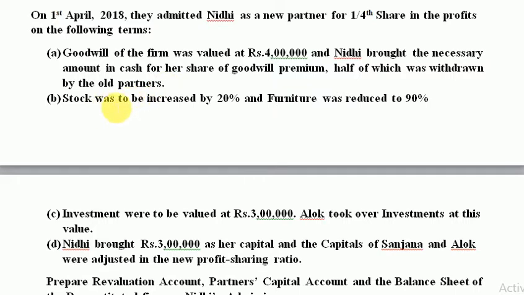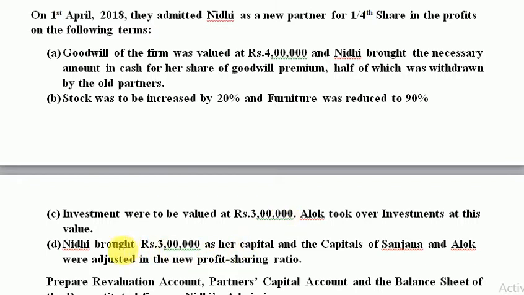Then stock was to be increased by 20% and furniture was reduced to 90%. Investments were to be valued at rupees 3 lakh, and Alok, an old partner, took over investments at this value. This value means at rupees 3 lakh. So we will have to compare it with the value given in the balance sheet.